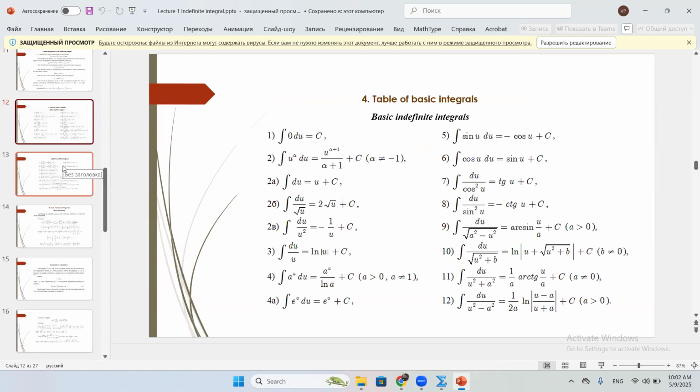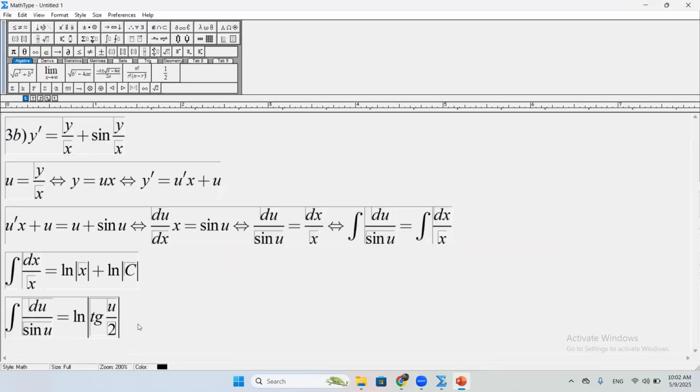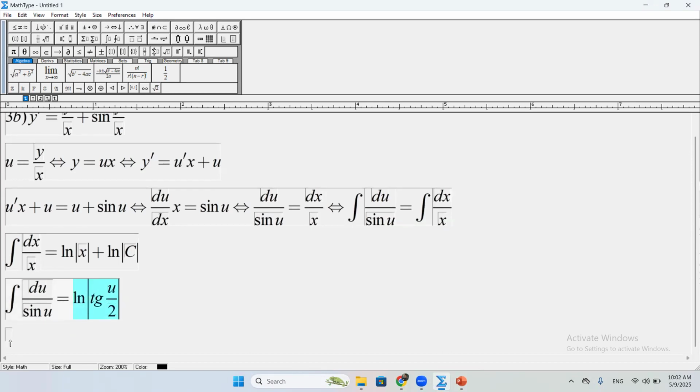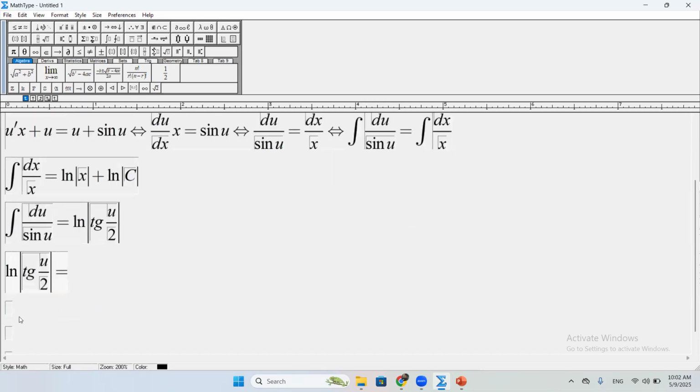So it seems to be a table of integrals. So yeah, it was correct. So tangent of u over 2. So we will write down the solution. So logarithm of tangent equals the logarithm of module x plus logarithm of c. So then we will express u here, so we can write it down explicitly.